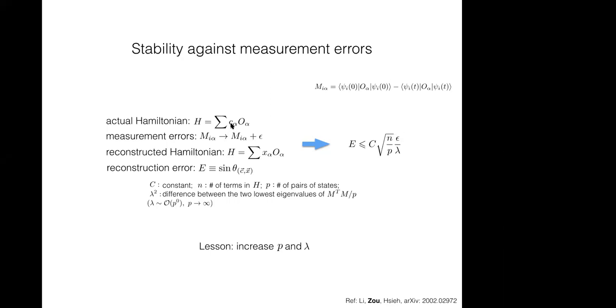And the intuition behind this upper bound is also simple. Recall this C is the eigenvector of the matrix M transpose M with the smallest eigenvalue. So if we view M transpose M as a Hamiltonian, C can be viewed as the ground state. Now M transpose M is changed, it's perturbed by some error. X is the new ground state of the new Hamiltonian.